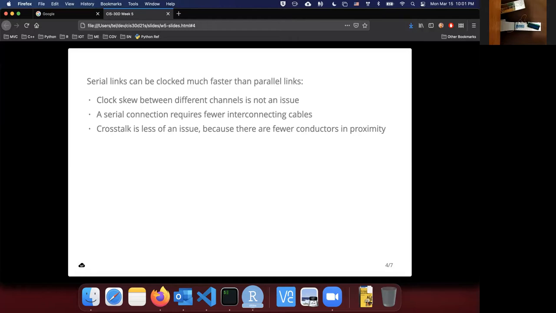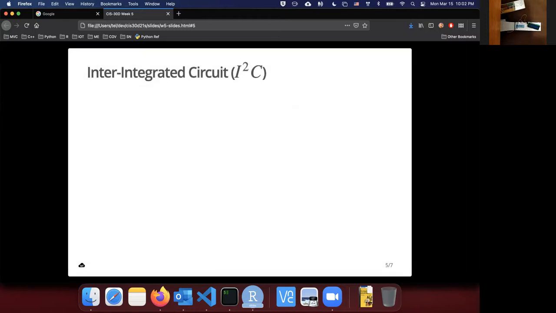So the crosstalk issue could be more of a serious issue in parallel links, but less of an issue in serial links. Because of these properties, serial communication can be much faster than parallel communication.